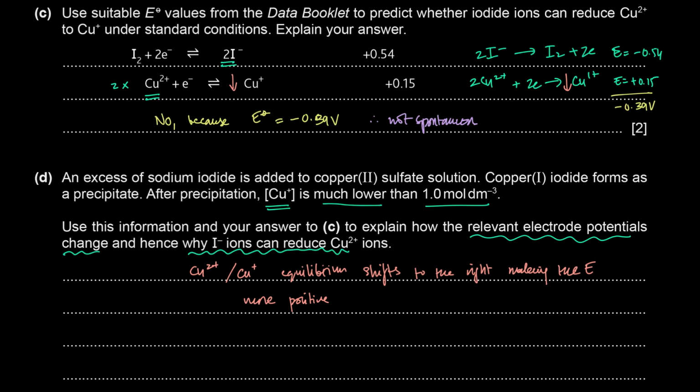Eventually the reaction becomes more and more spontaneous. As copper 1 plus keeps on precipitating and its concentration decreases, the equilibrium keeps shifting to the right, and eventually this E becomes more positive than 0.54 volts. Once it becomes more positive than 0.54 volts, the overall reaction becomes spontaneous.